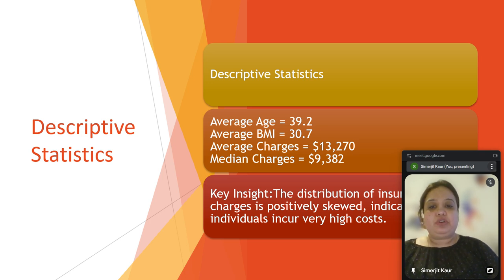The average insurance charges is 13,270, while the median insurance charges is 9,382. The difference between the mean and median suggests the data is positively skewed, meaning that while most people have moderate charges, some individuals incur significantly higher healthcare cost.